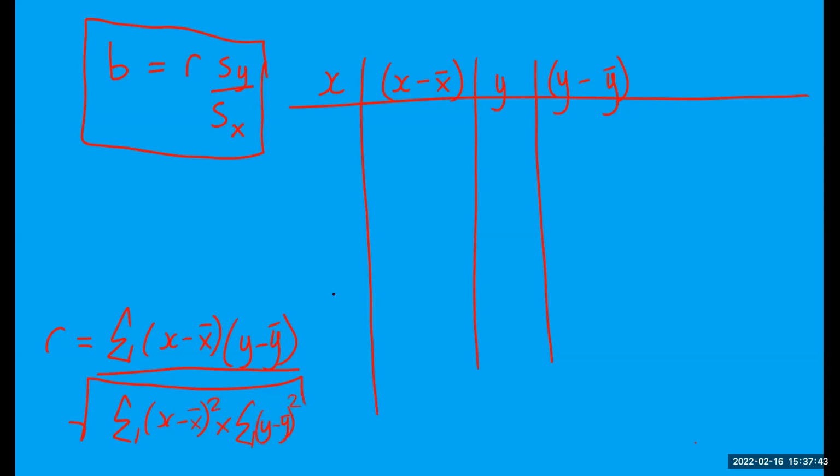So this is what we need. We're going to need a column for x minus bar x times y minus bar y.